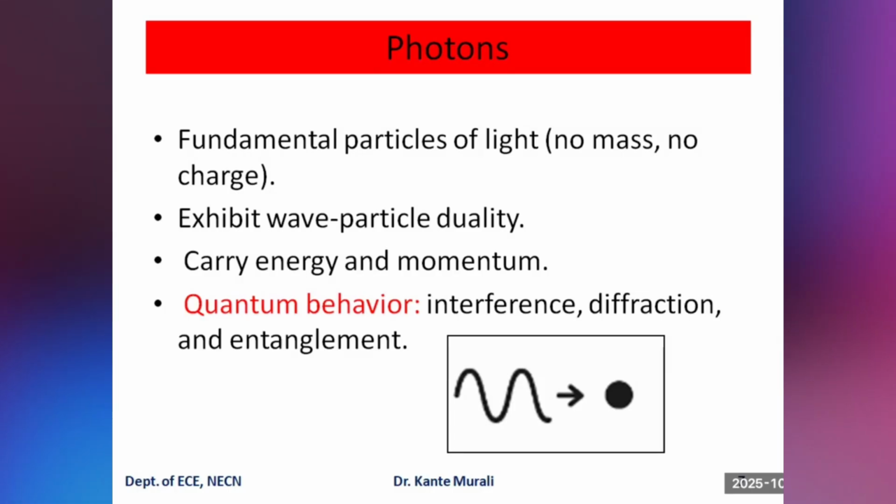They exhibit wave-particle duality and carry energy and momentum. The behavior of light can be understood by studying interference, diffraction, and entanglement. In quantum technologies, fiber optic communication and quantum cryptography rely on photons, which carry information very securely.